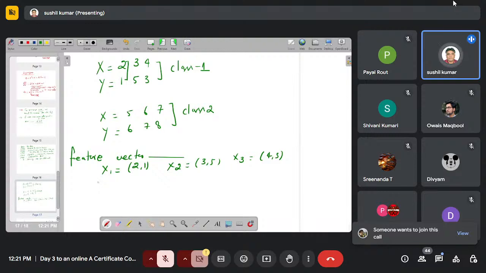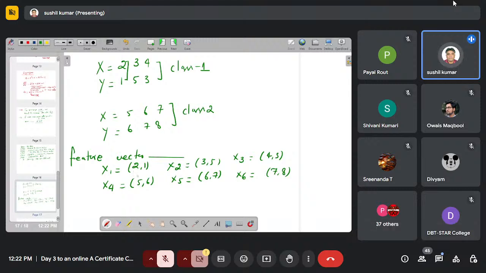Then x4 will be 5, 6. x5 will be 6, 7. x6 is equal to 7, 8. So like that it will be formed.